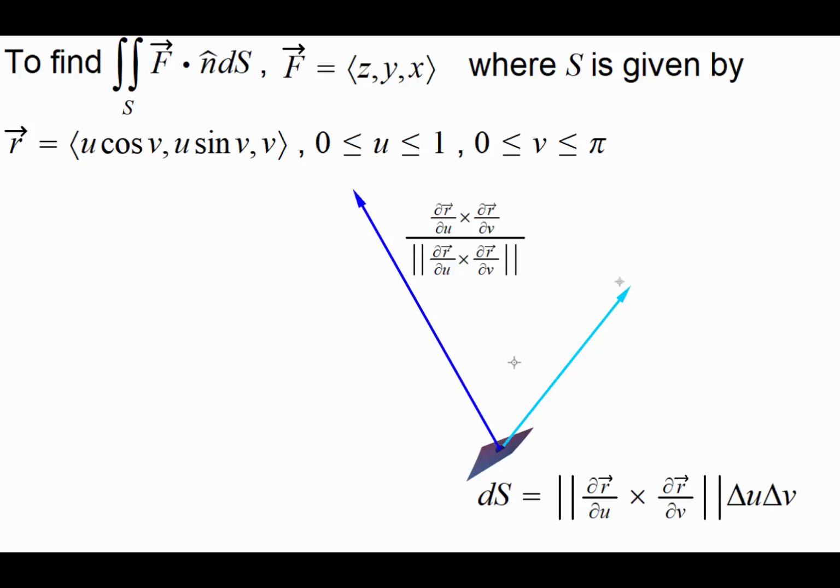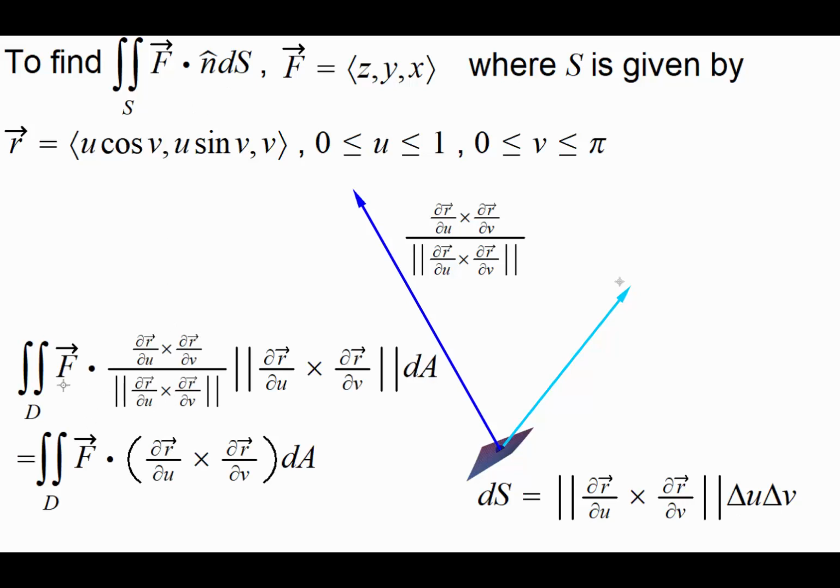Then we take the dot product of F with n and multiply with this dS. After taking the limit or the Riemann sum, our integral turns into F dot this unit vector, and the dS we take as this, where D is the parameter domain given by this.